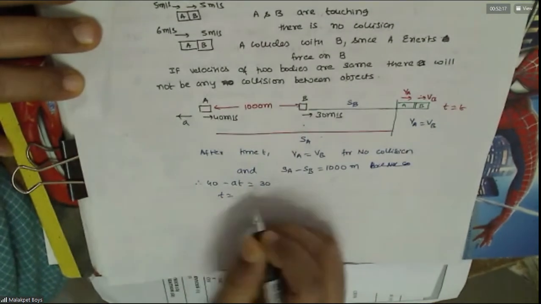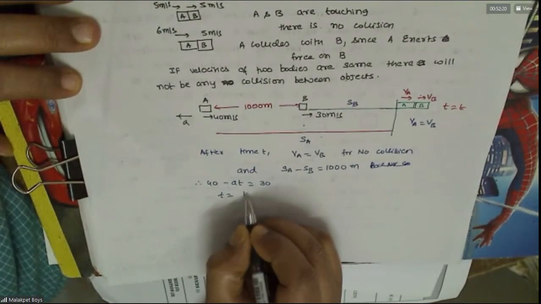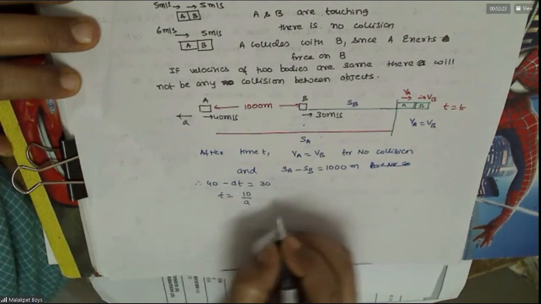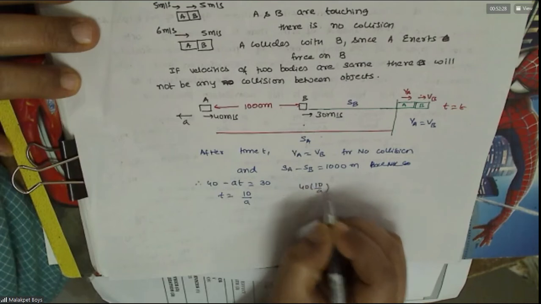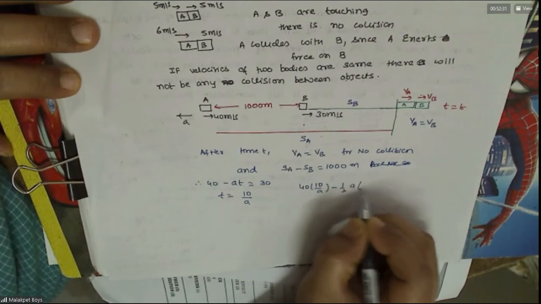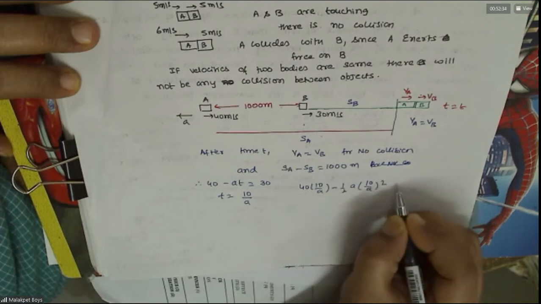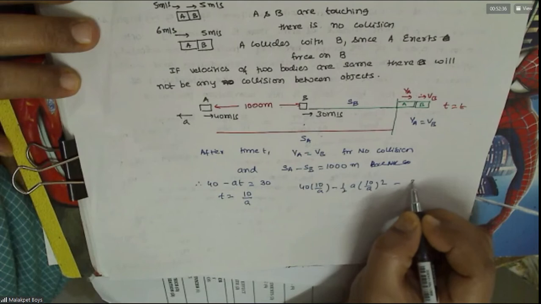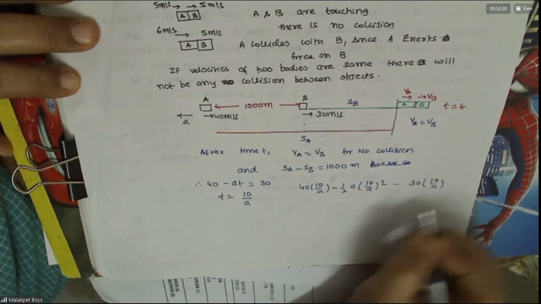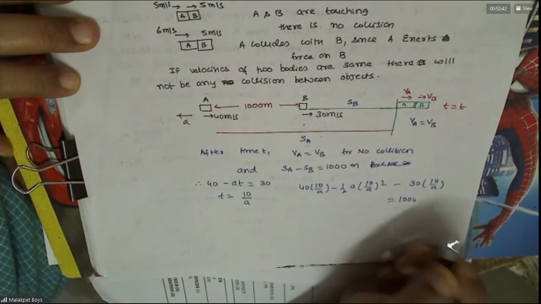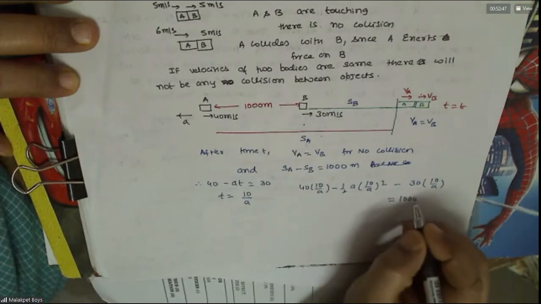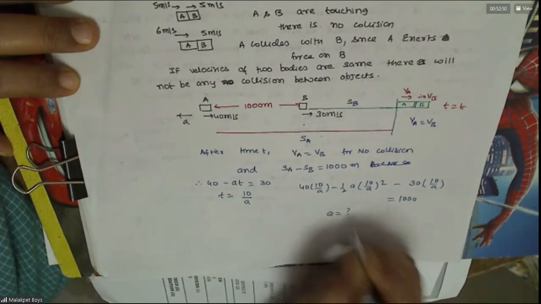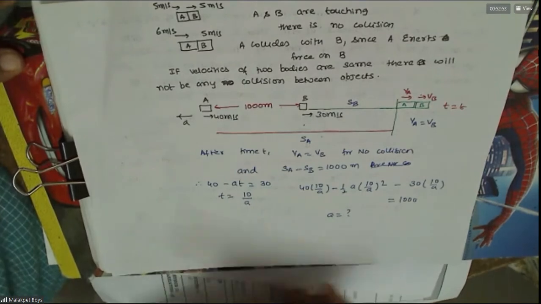So from this you will get T. SA is UT, is equal to how much? 1000. Any doubt till here?